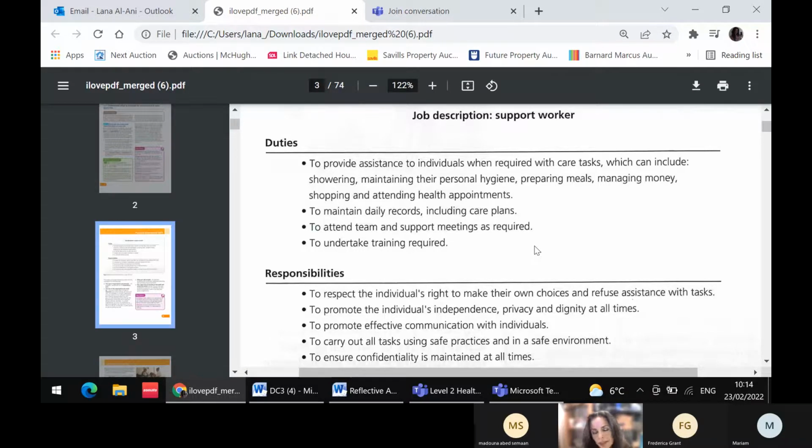So you need to write everything about this person you're caring for, and put all this information in his or her care plan. Also to attend team meetings and support meetings as required, and obviously to take training if required. Some people have extra special needs, so you need to take extra training to take care of them. These are our duties.